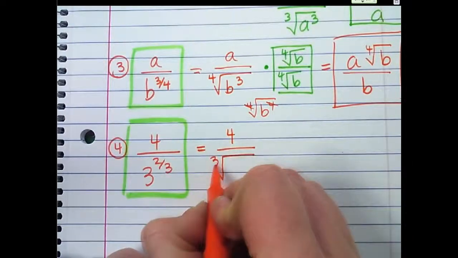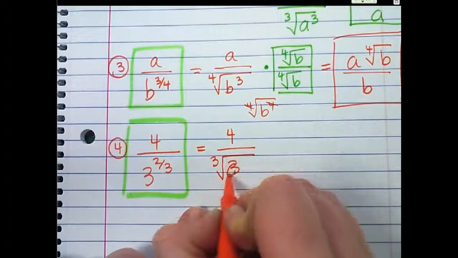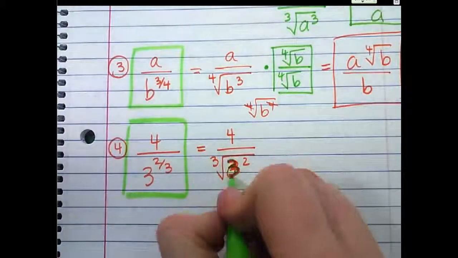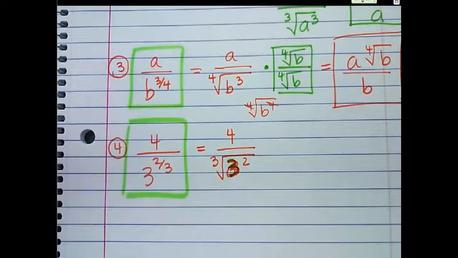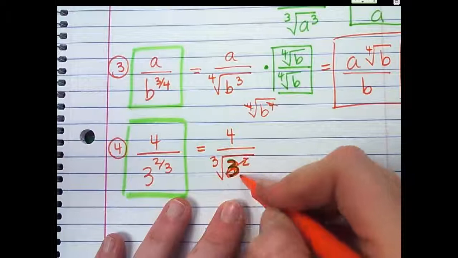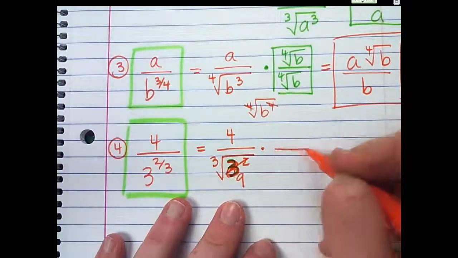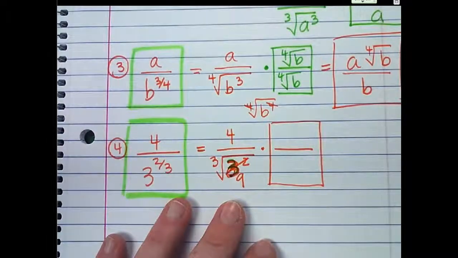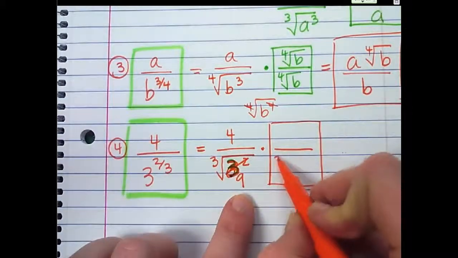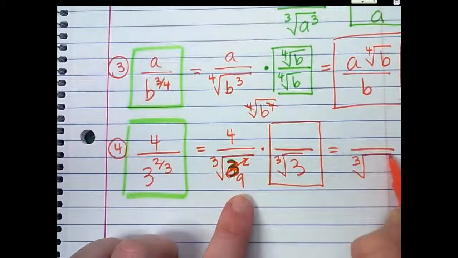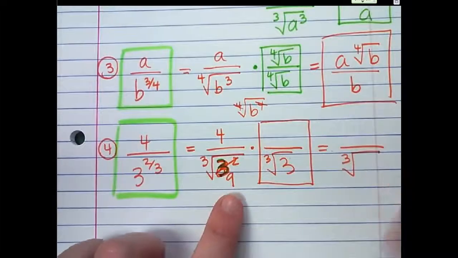This becomes cube root of 3 squared. What is 3 squared? 9. So I really have 9 underneath here. So what do I need to multiply by to get a perfect cube? Another 3, right? I have 9. I would need to multiply by a 3 to give me what perfect cube? 27.